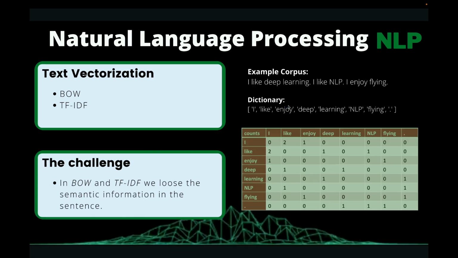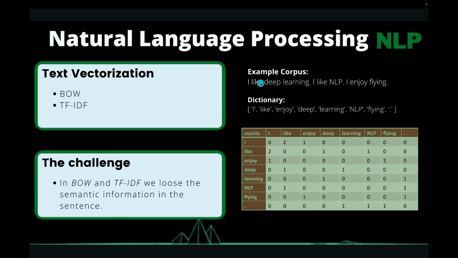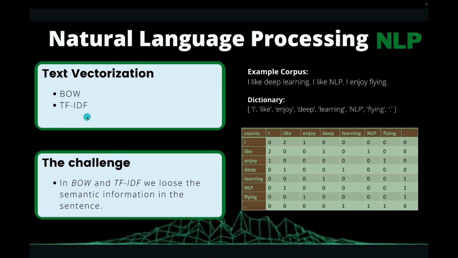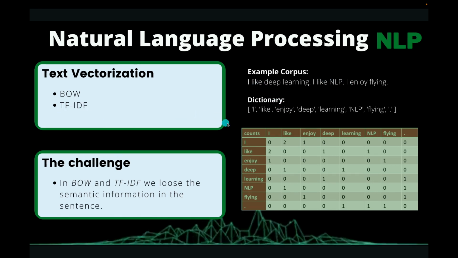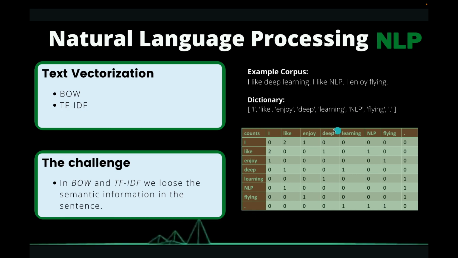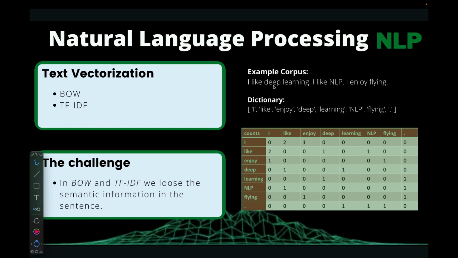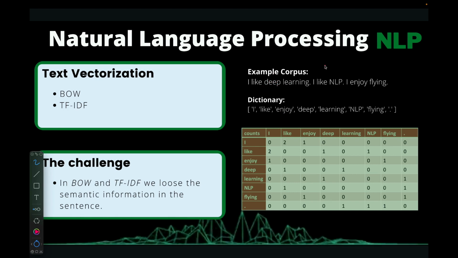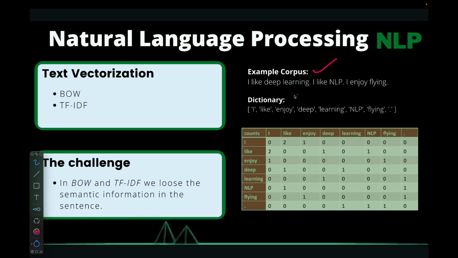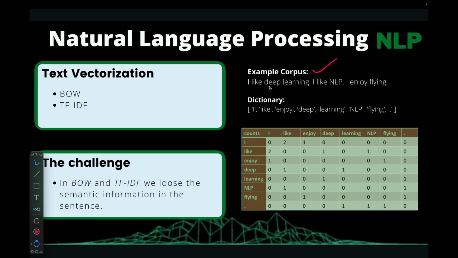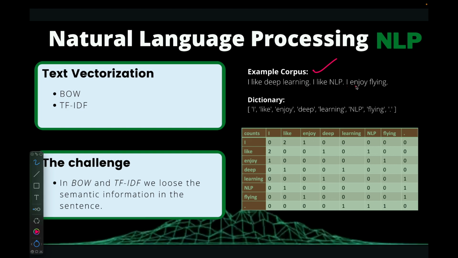As I said, if you're using bag of words or TF-IDF, you lose the semantic information. Here is an example to further illustrate what I mean. I have this corpus: "I like deep learning. I like NLP.